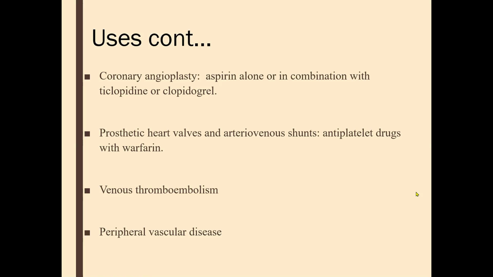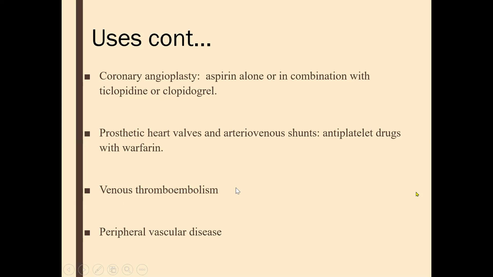Then prosthetic heart valves. I'm not saying it's simple, the use is complicated, of course. Prosthetic heart valves and use of prosthetic things, and then arteriovenous shunts, again to prevent platelet clot formation. Antiplatelets can be used along with warfarin, right?